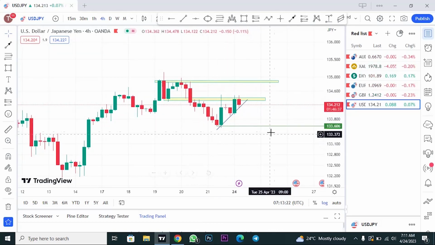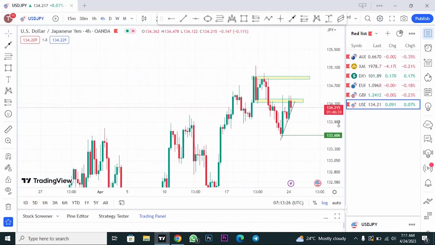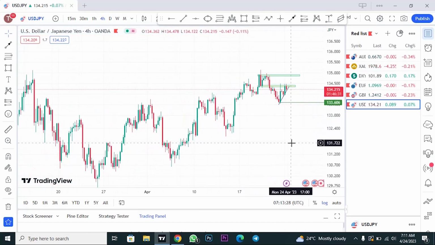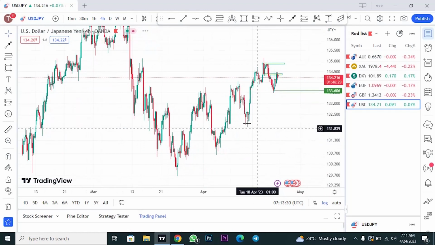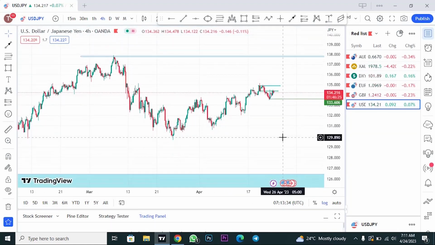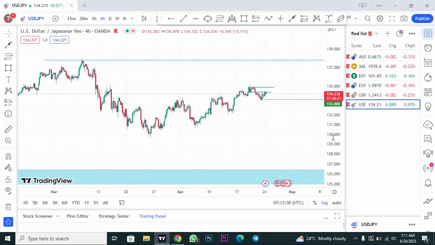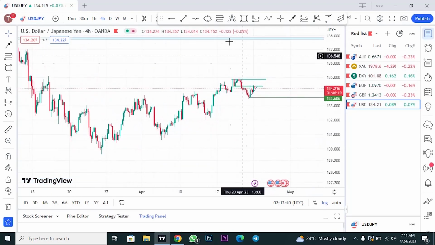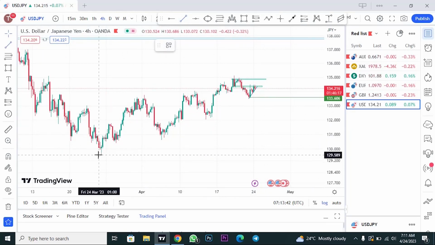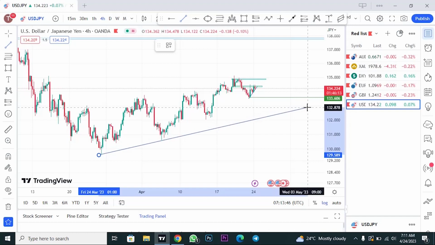So as you can see on the 4-hour time frame, price has been moving in a bullish type of pattern for a while now on USDJPY. Let me choose this trend line. Boom, from this side up to this side right here.